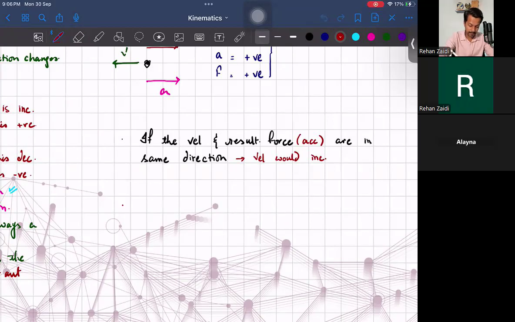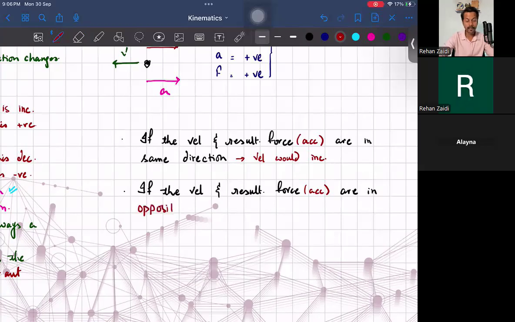And second point, if the velocity and the resultant force as an acceleration, क्योंकि same direction होगी, are in opposite direction. अब opposite ऐसे भी हो सकते हैं कि velocity positive, force negative, या force positive, velocity negative.